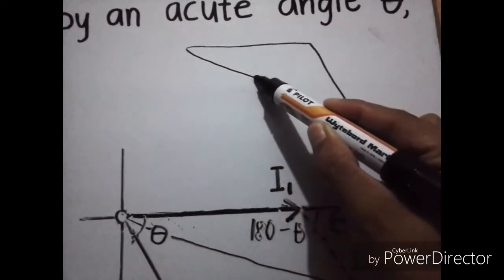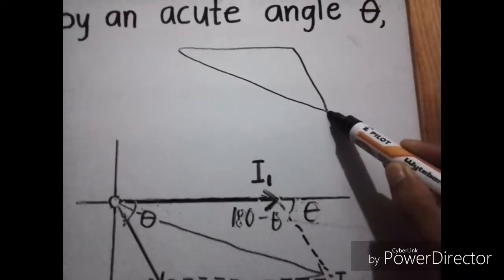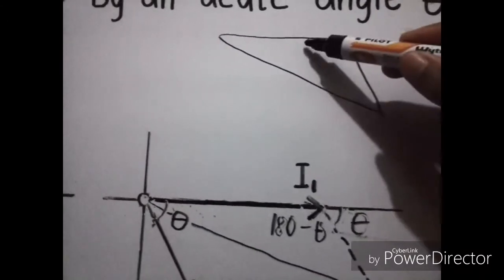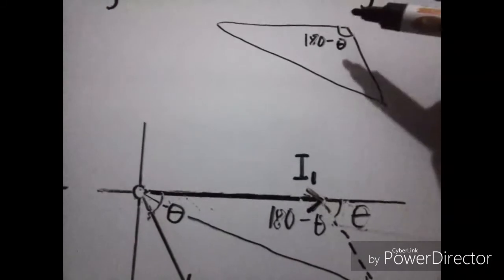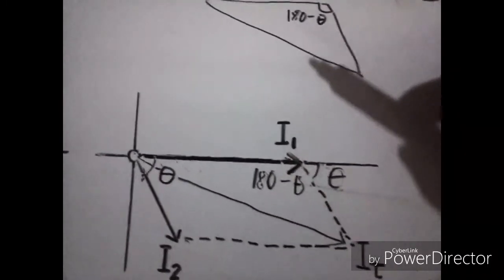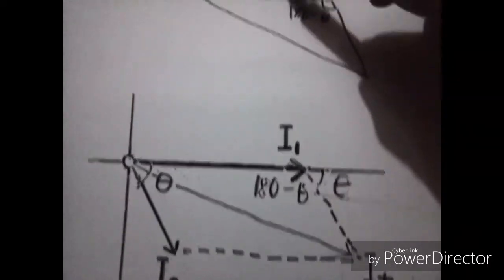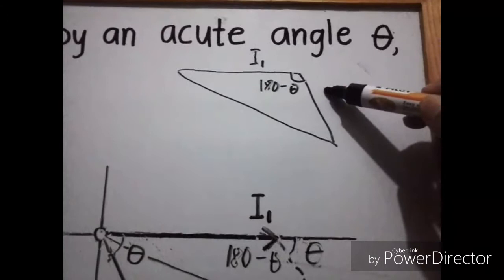This has an angle of 180 minus theta, and this is I1. Well, this one is I2.